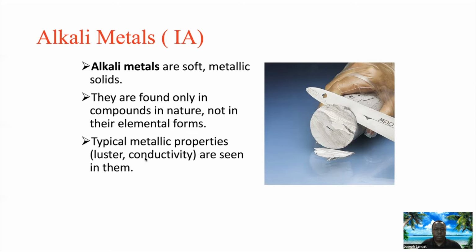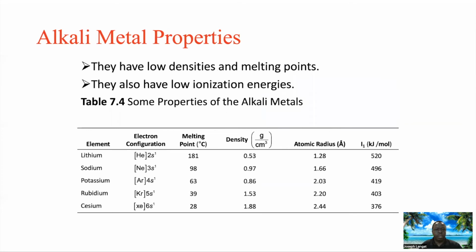Typically, as with metals, they conduct electricity, as seen here. You see they are shiny. Those are group 1 metals. They have low densities and low melting points.